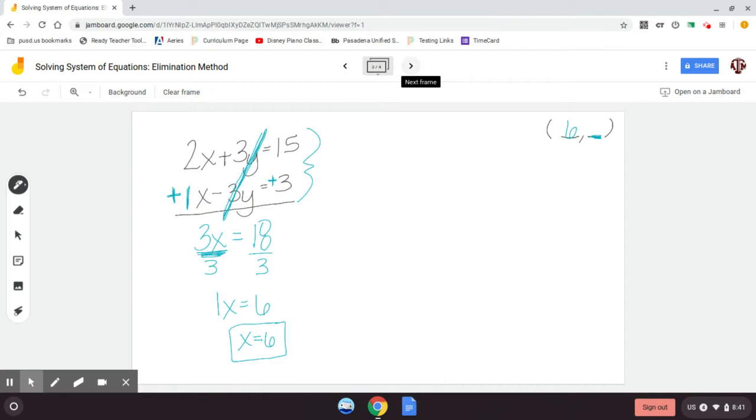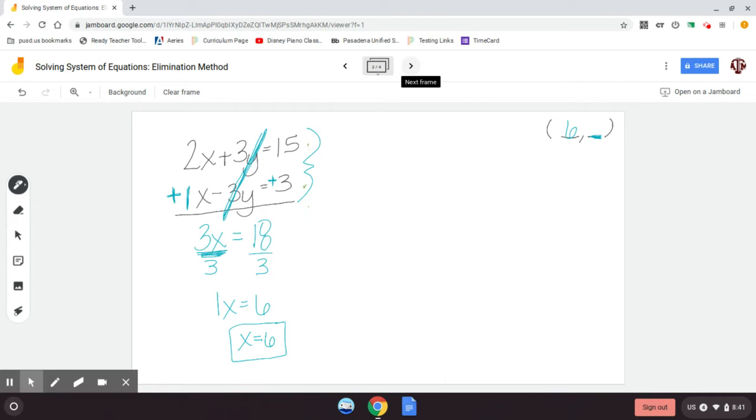To find the y value, I need to figure out which equation I want to use. And the answer is it really doesn't matter which equation. I could use the top one, you could use the bottom one. We're going to get the same answer. You are going to plug in the x value, so 6, into one of those equations, and you're going to solve for the y value.